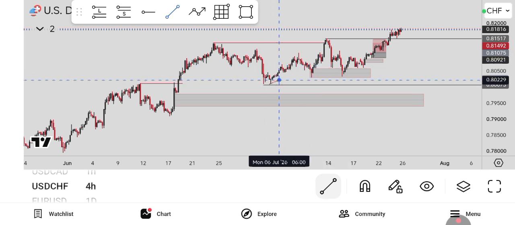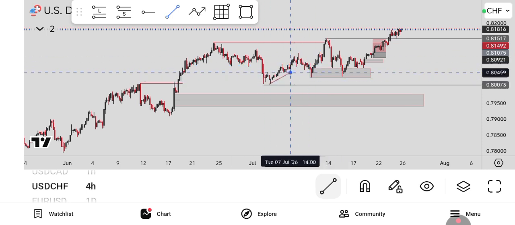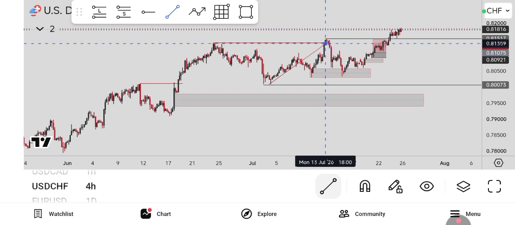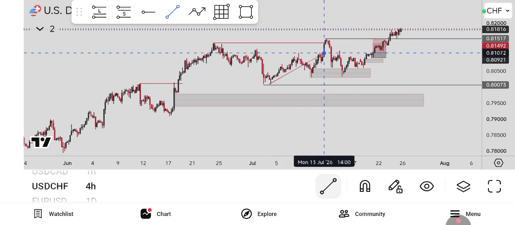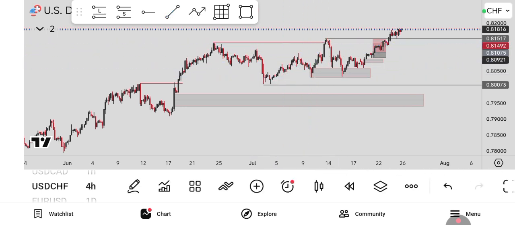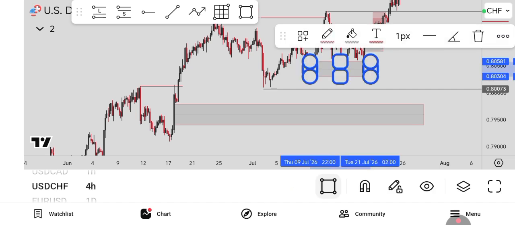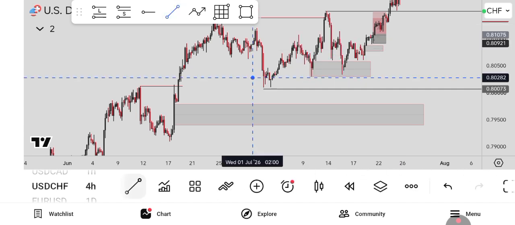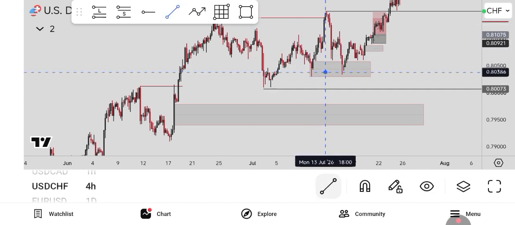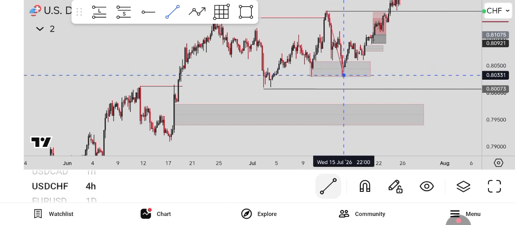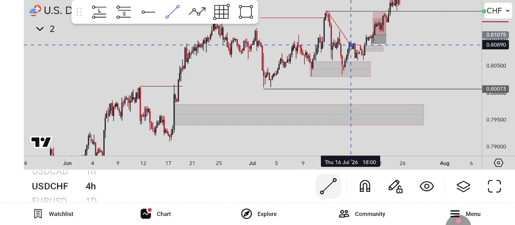So you will start looking for it from this particular structure. This is your recent structure. So what did I do? I marked out my key level. This is one of the key levels that I marked, and the market came down, retraced back to that key level and rejected.